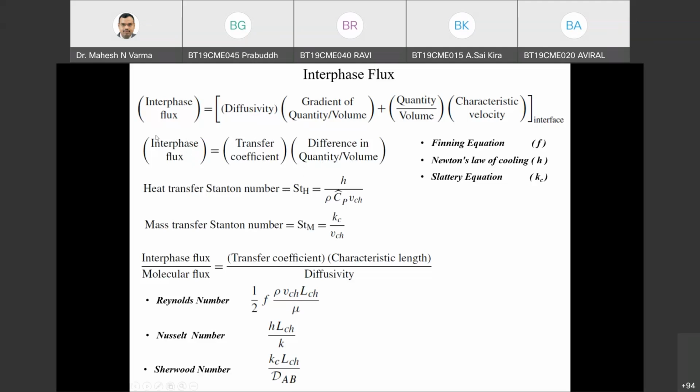Similarly, the generalized molecular flux will be a diffusivity into the gradient of quantity per unit volume. So we have compiled everything, heat transfer, mass transfer, and momentum transfer together, and while studying this together, we come across these 10 dimensionless numbers and two generalized equations.